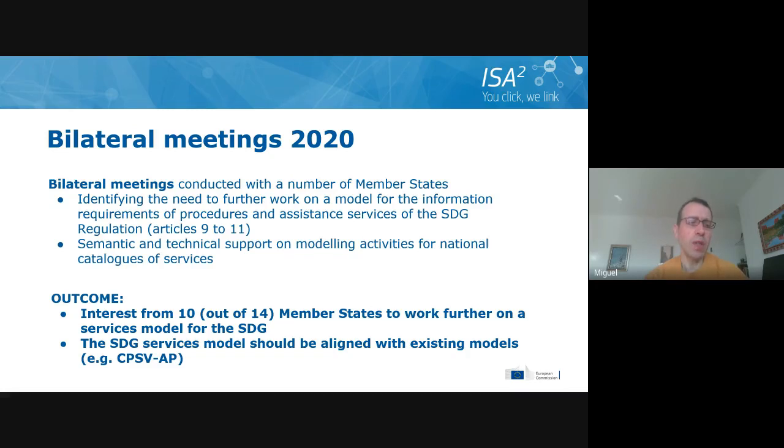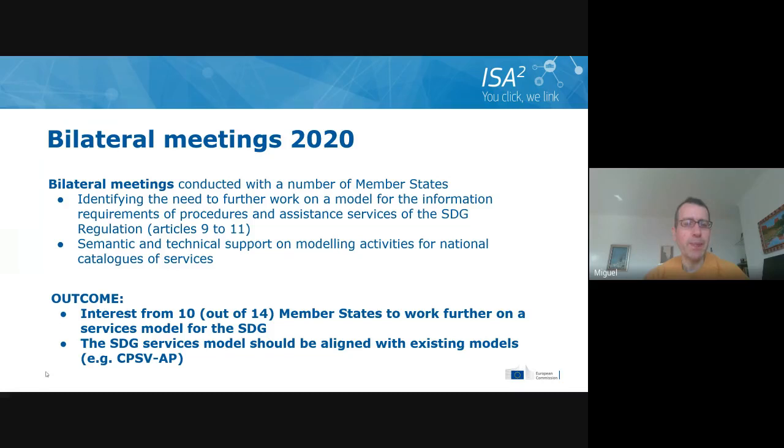So the outcome was that 10 countries out of 14 showed interest in starting designing or modeling these information requirements linked to the single digital gateway. And there was the strong message to reuse as much as possible existing data models at EU level, like the Core Public Service Vocabulary Application Profile. That is also one of the main working areas in this project, in Catalogue of Services.